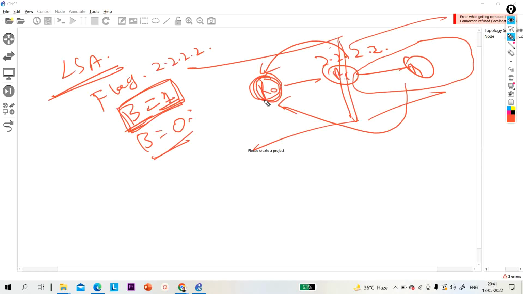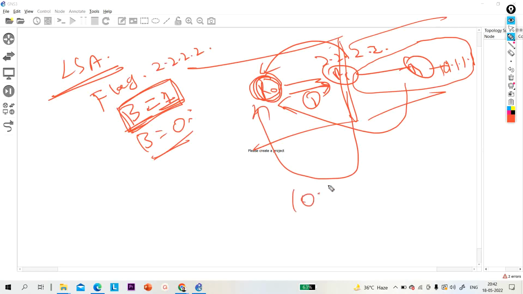So first of all, this router will calculate the cost to reach the ABR. Suppose this router calculates cost 1 to reach the ABR, right? And now there is one network 10.1.1.1, right? When the ABR router will send the information of the 10.1.1.1 network to this router, right?